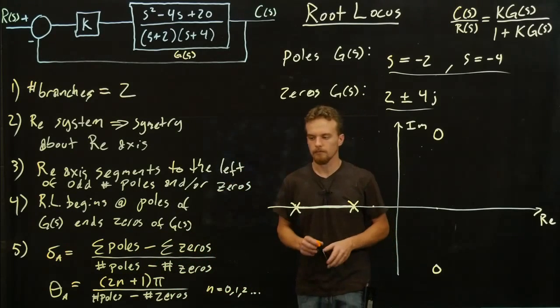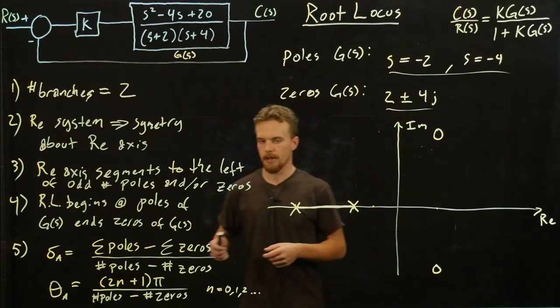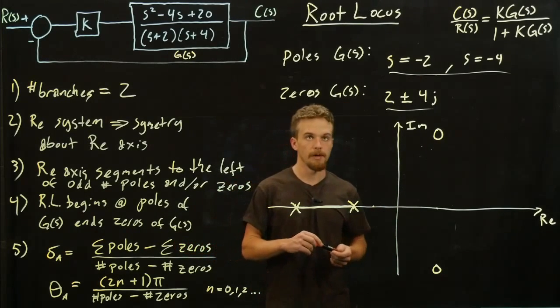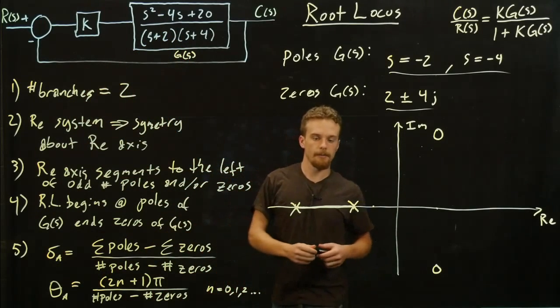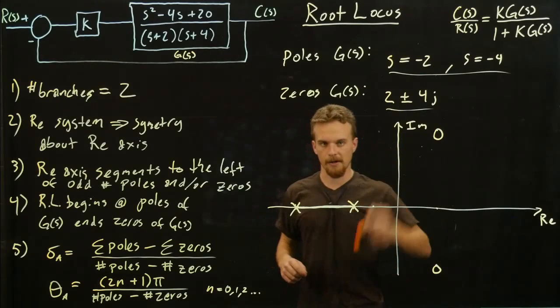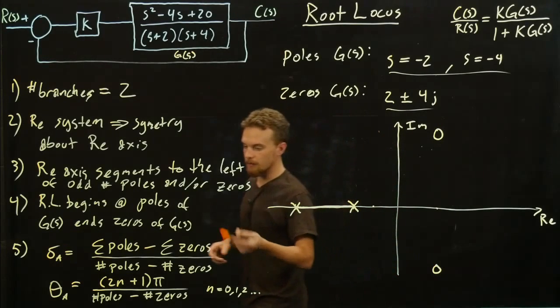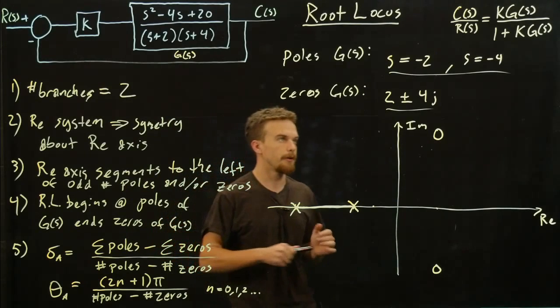I kind of wrote those down just for reference, because they're really not applicable to this problem, because as we see, the order of our numerator is equal to the order of our denominator. We have zeros to match up with all our poles, and we really don't have to worry about this, but that's useful for most other situations.